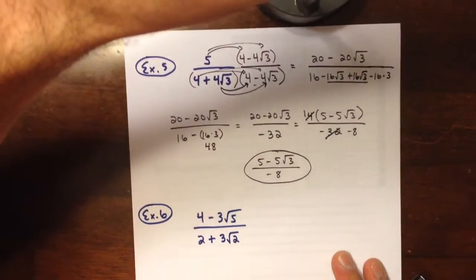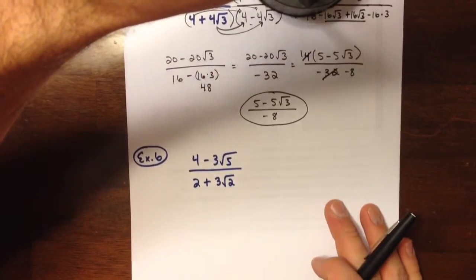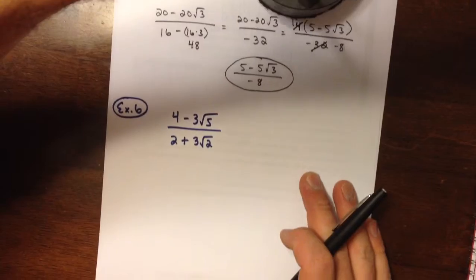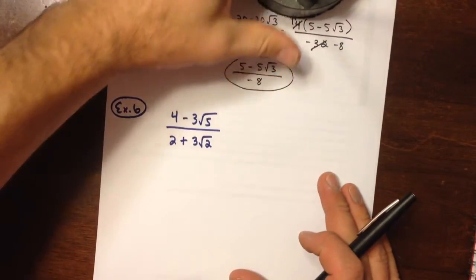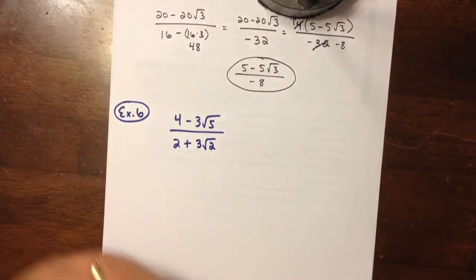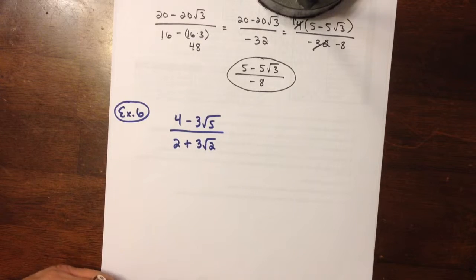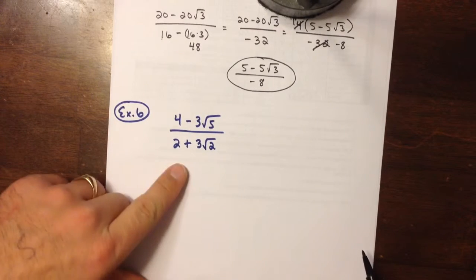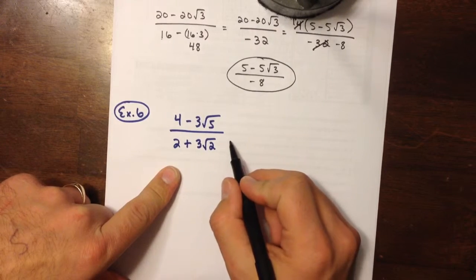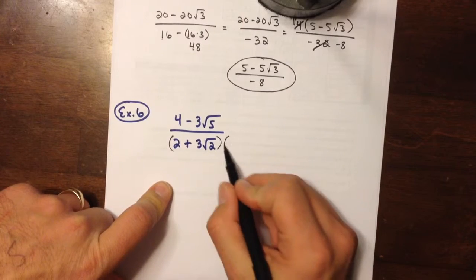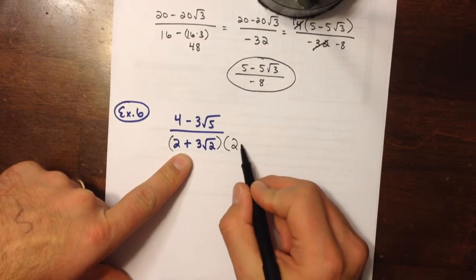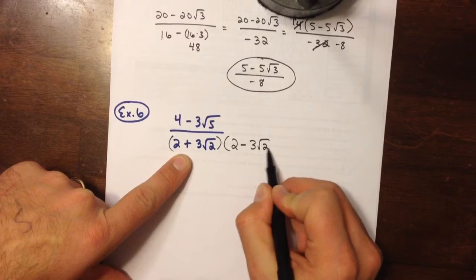And finally, this one's even messier yet. This next one, I'm going to do, again, difference of two squares. So the only thing I'm going to do is change that middle sign.